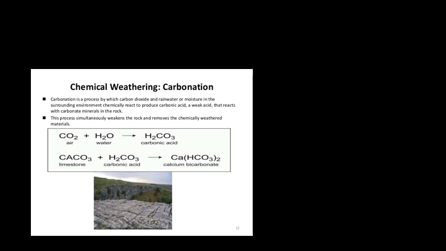So here children, you can see the entire process. First, the carbon dioxide combines with water and it forms carbonic acid. Now when this carbonic acid comes in contact with rocks which are rich in calcium carbonate, especially limestone, it forms calcium bicarbonate, which is easily soluble in water.